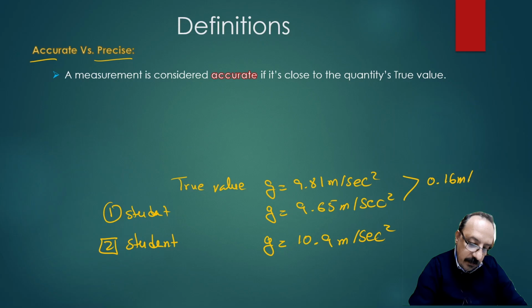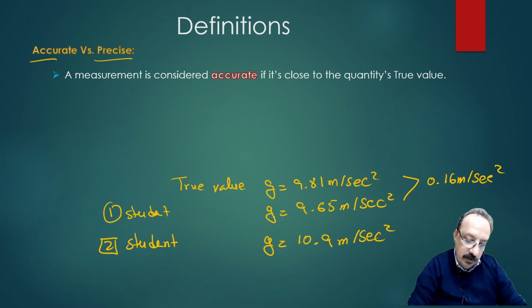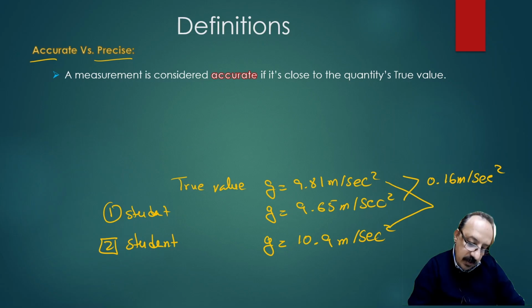0.16 meter per second square. Okay, the difference between student number one's measurement and the true value is 0.116 meter per second square. What is the difference between student number two and the true value?